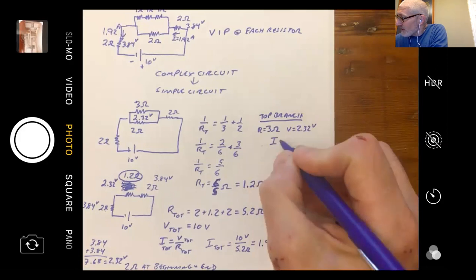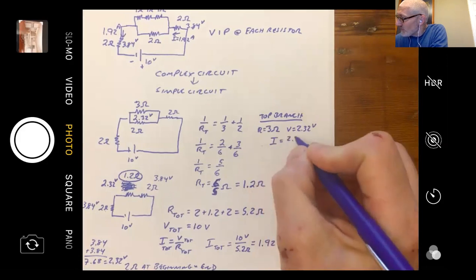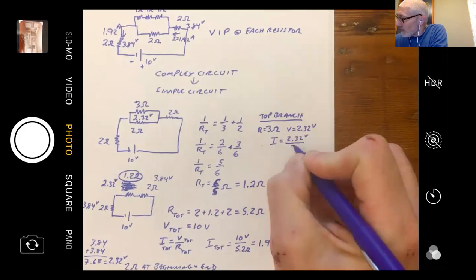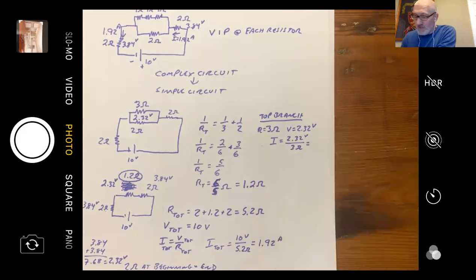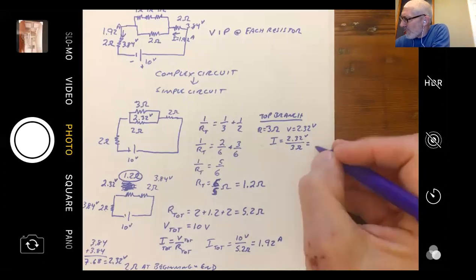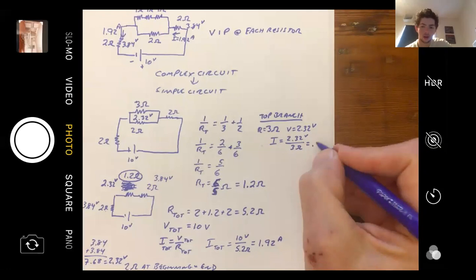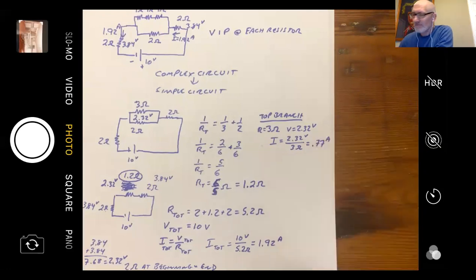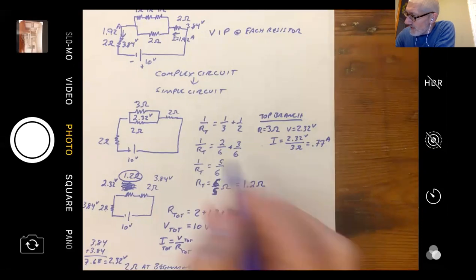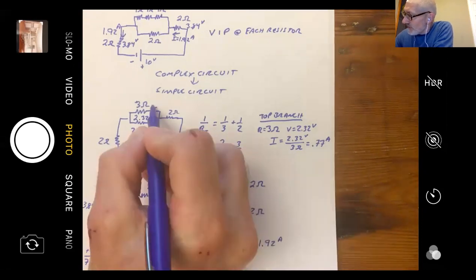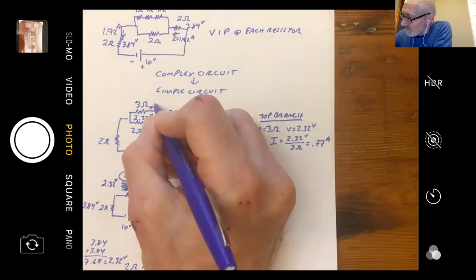So the amount of current has to be 2.32 volts over 3 ohms, something a little less than 1. I'm hoping one of my calculator-having people will toss a number at me. 0.77. I'll go with it. So I know that going through the 3 ohms up here, there is 0.77 amps of current.